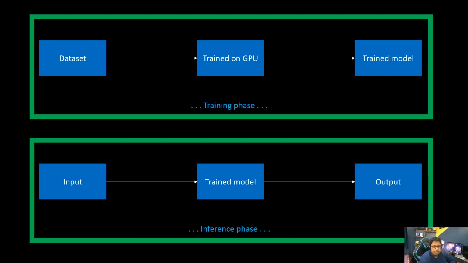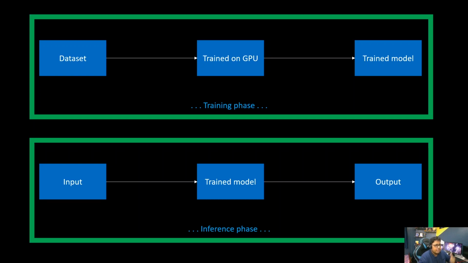Then we get the final output either as weights and biases or something like a trained network. For TensorFlow, it might be a frozen inference graph. So that's the training phase. We are not concentrating on this area. It is assumed that when you're working with OpenVINO, you have a trained model using any of the available frameworks. What OpenVINO targets is the second phase, which is the inference phase.